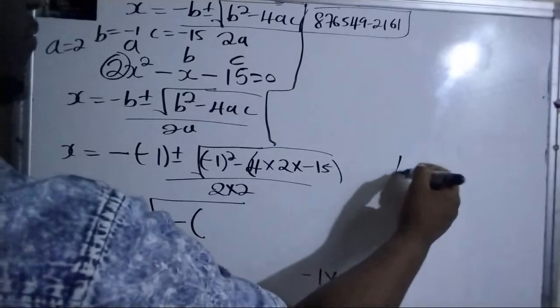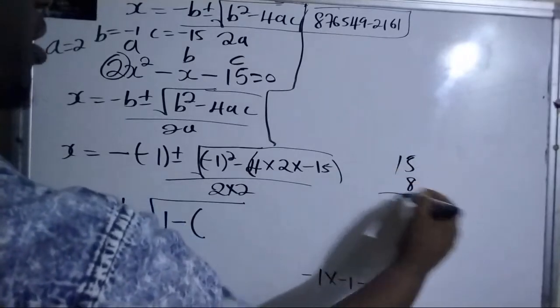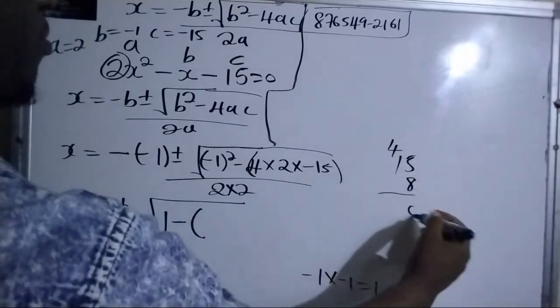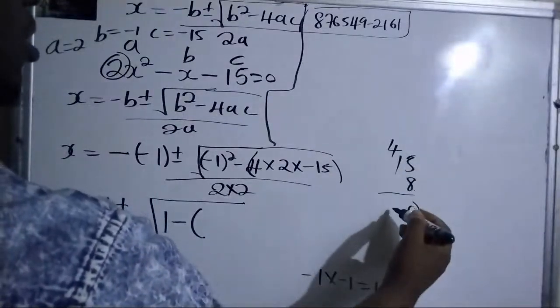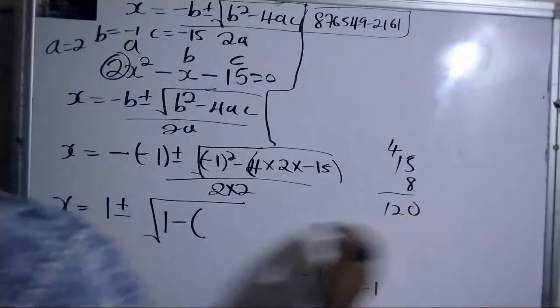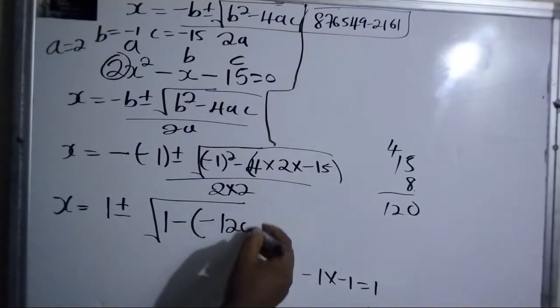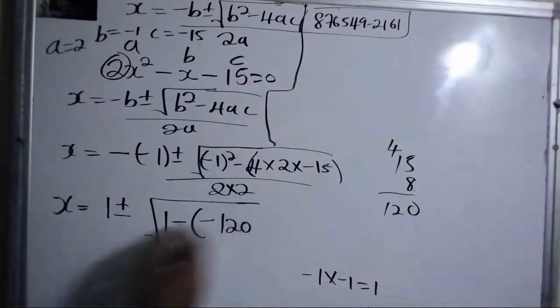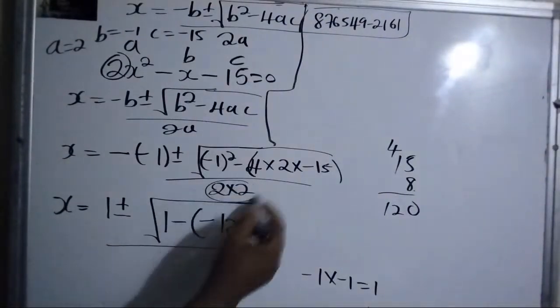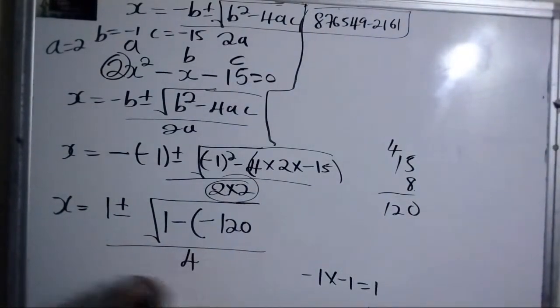So it's going to be negative 15 times 8, right? 8 5s are 40, 8 1s are 8, and that's 120. So this now becomes negative 120, all divided by 2 times 2, which is 4. So we just have to tidy it up.